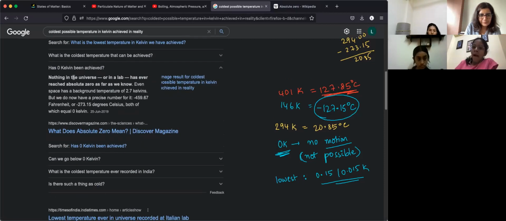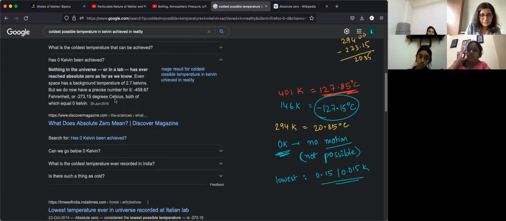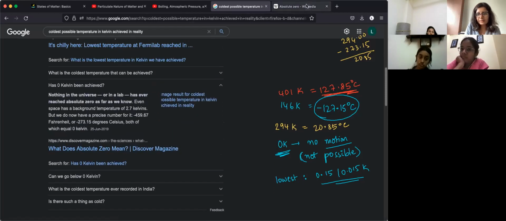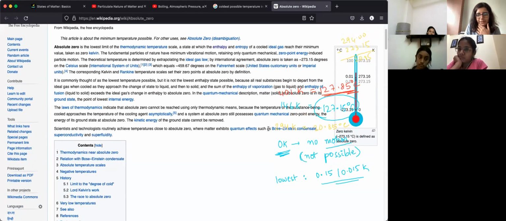In the laboratory, let's see. Nothing in the universe or a laboratory has reached absolute zero. Space has a background temperature of 2.7 Kelvin. And here, let's see what came in the laboratory.